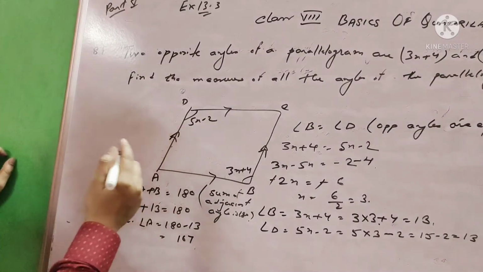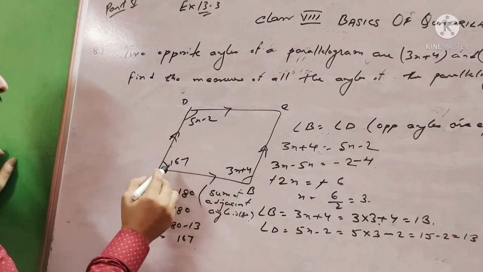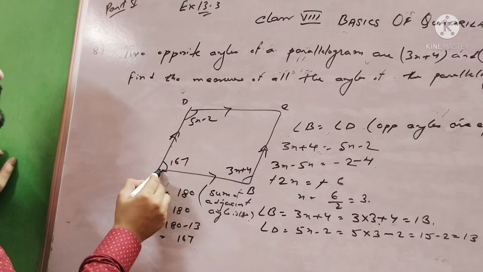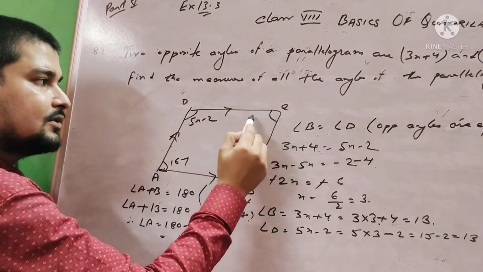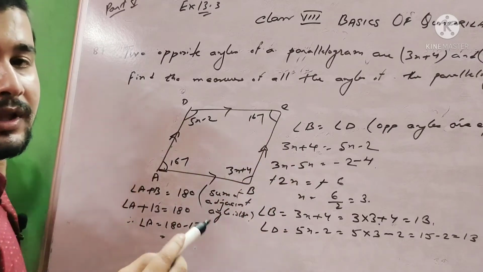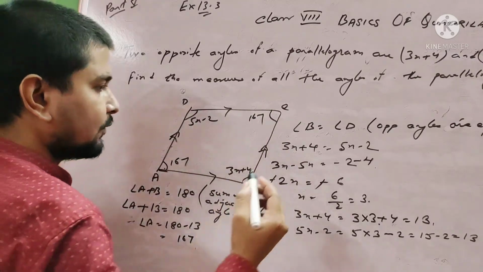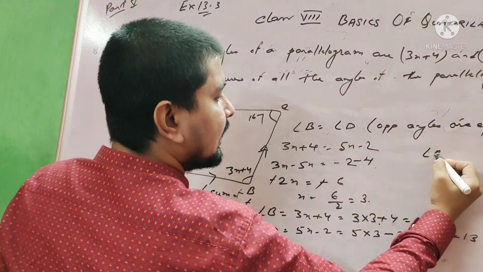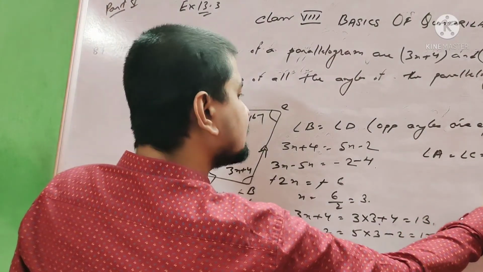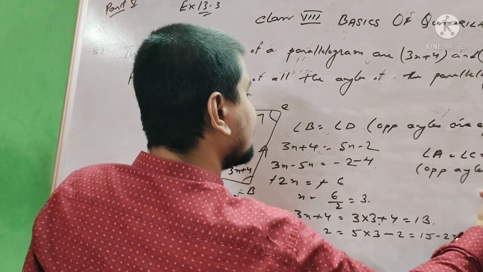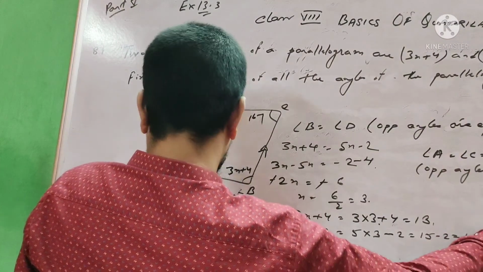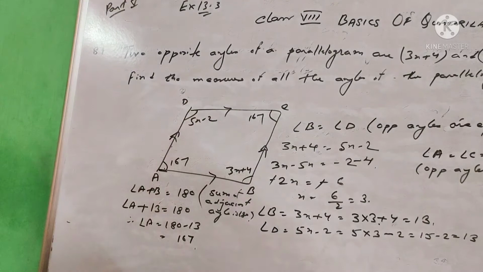Clear? So angle A is 167. If angle A is 167, then angle C is also 167, because opposite angles of a parallelogram are equal. So angle A equals angle C equals 167. Reason: opposite angles are equal. Okay, note.